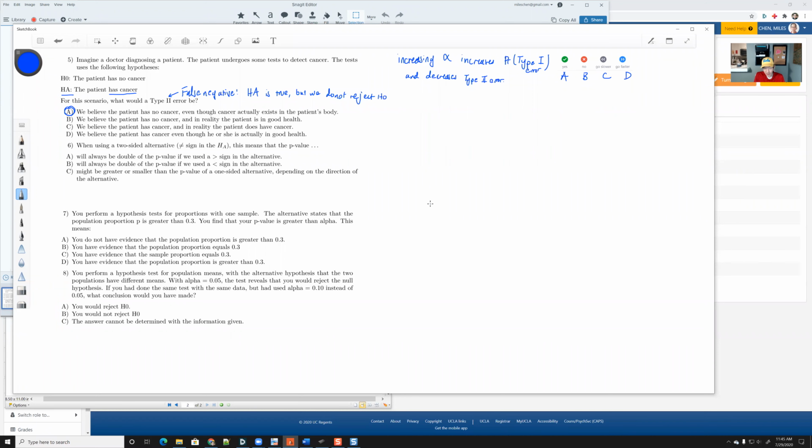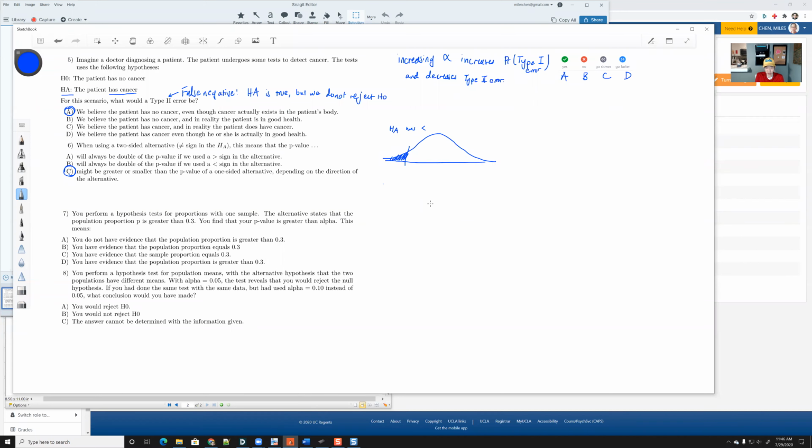Okay, the answer is indeed C. It might be greater or smaller than the p-value of a one-sided alternative, depending on the direction of the alternative. So it is possible. A lot of times you'll have a picture, and the one-sided alternative might look like this, where the alternative has a less than sign.